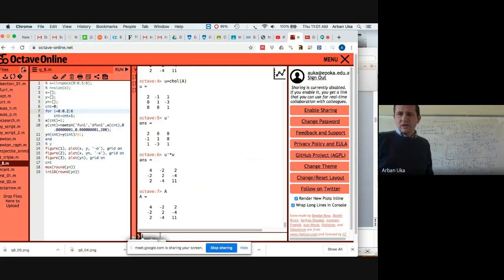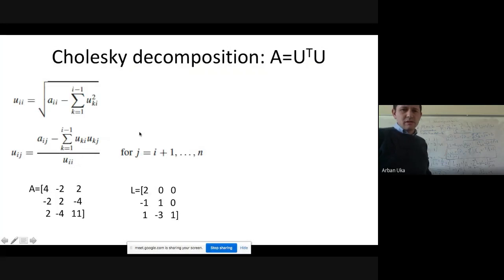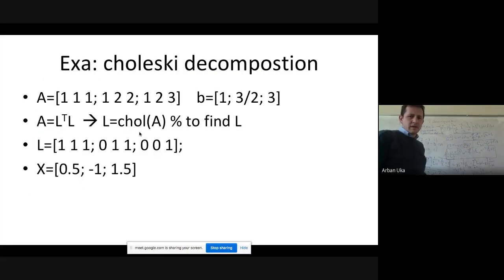So this was how the Cholesky decomposition can be used. This is the matrix A, this is the L that we got, and here we have another example where we can try to solve the system.